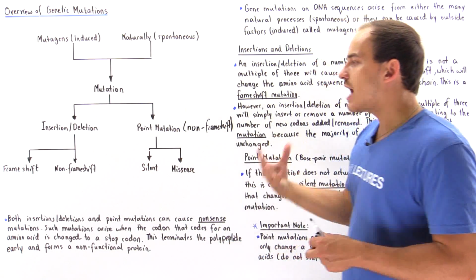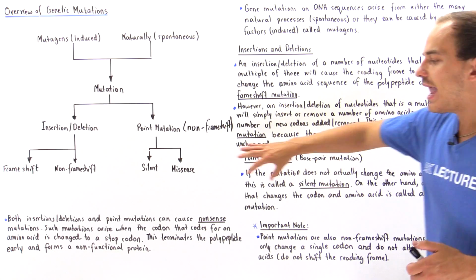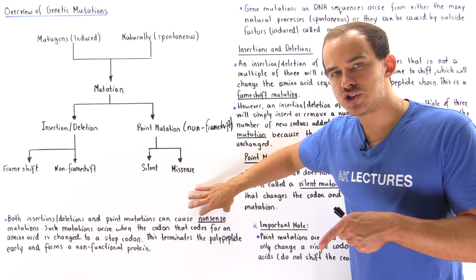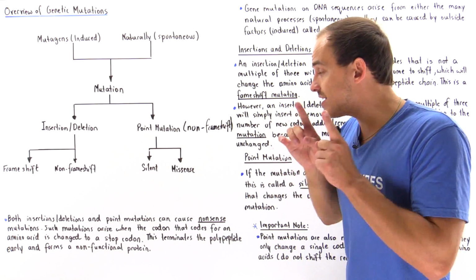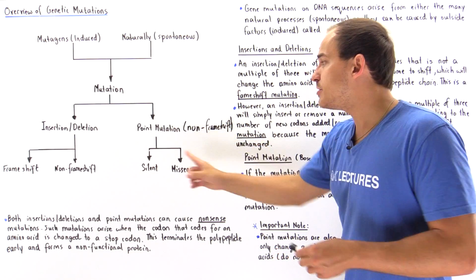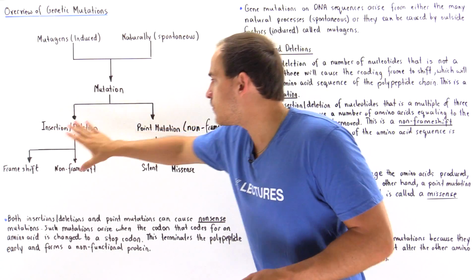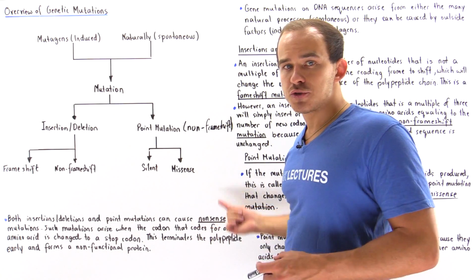Now, the final type of mutation that I want to briefly discuss is a nonsense mutation. A nonsense mutation can arise as a result of insertion deletions or point mutations. So both of these categories of mutations contain nonsense mutations.